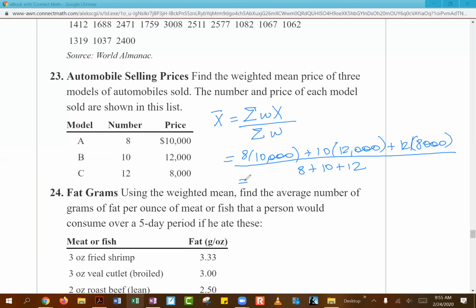So what's my numerator going to be? Does anybody calculate that? Just read out the digits.